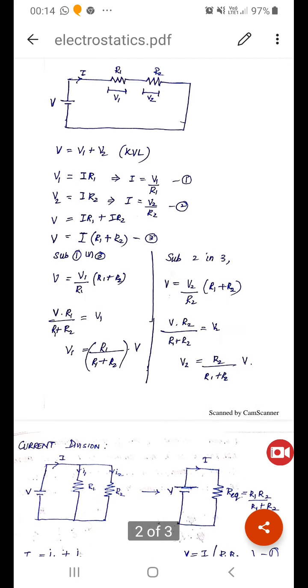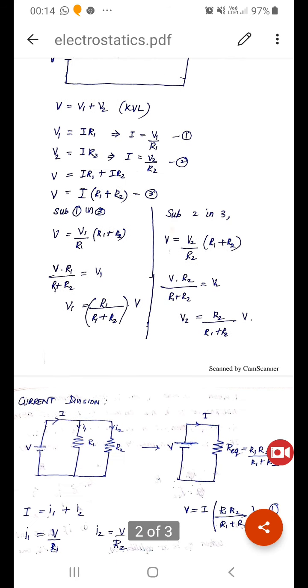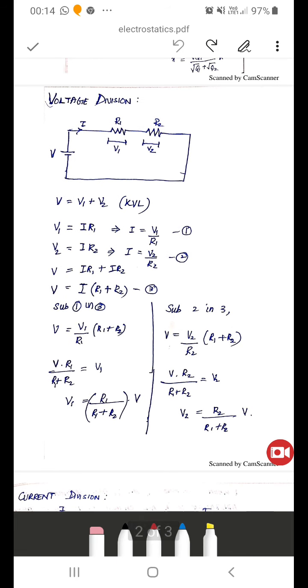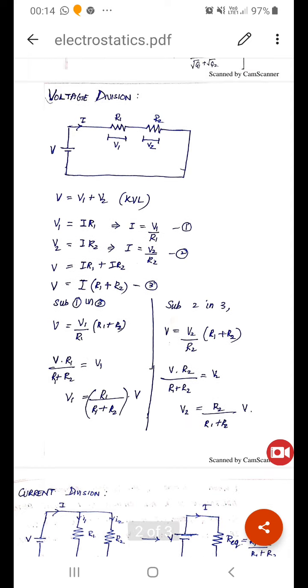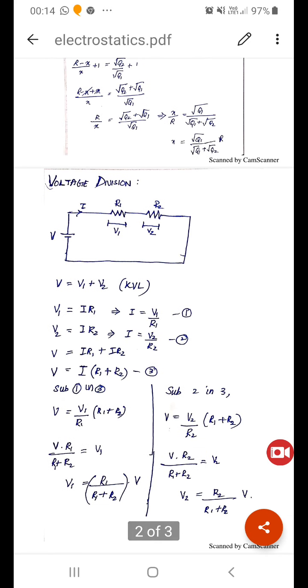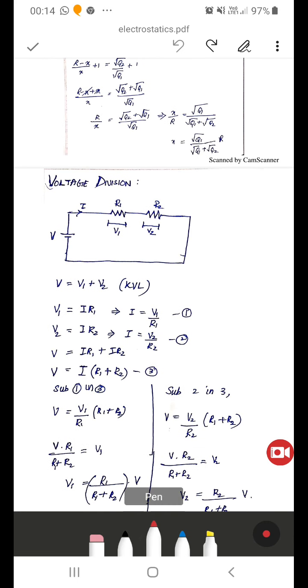Similarly, in both of these cases, that is in the voltage division rule, V1 is equal to R1 by (R1 plus R2) into V, and in the case of the distance, x is equal to root of q1 divided by (root of q1 plus root of q2) into r.